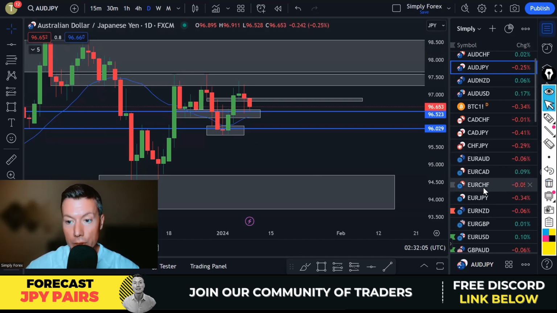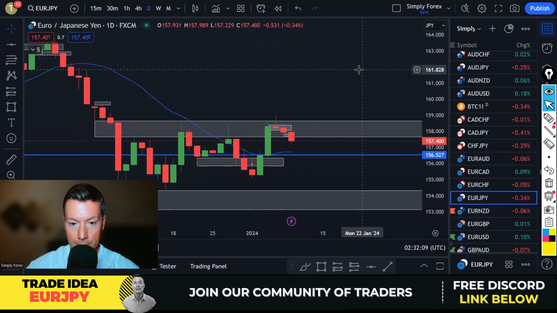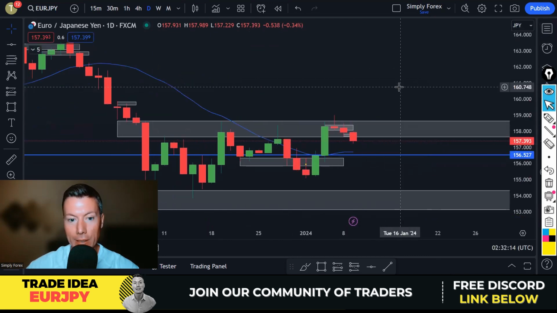Whereas euro yen, which is my second trade idea, there wasn't as much wickage. That's a word. Check it out in the English dictionary, I'm sure. We're just getting a bearish candle, and it wasn't a big wick at the bottom of this candle, but in the same structure.